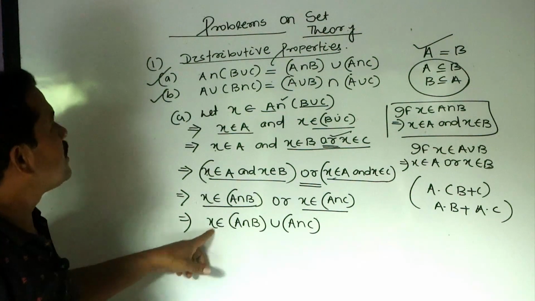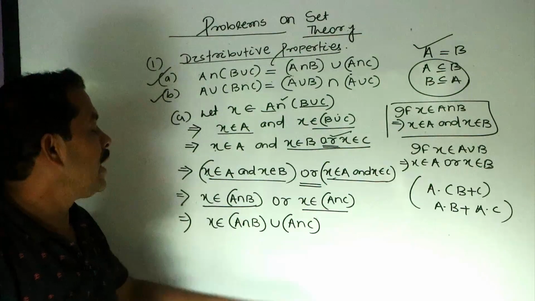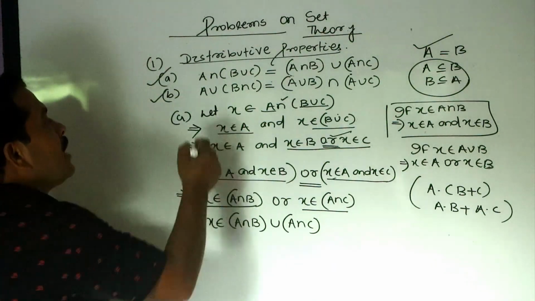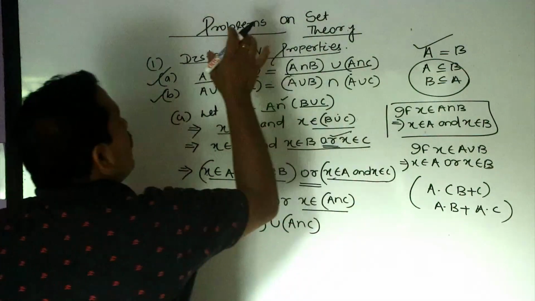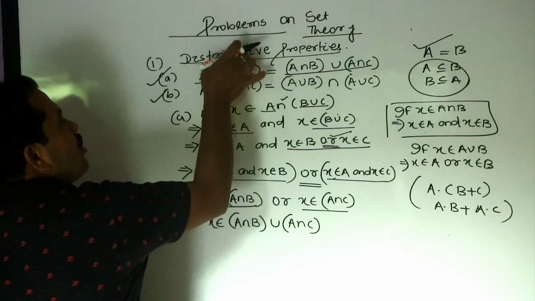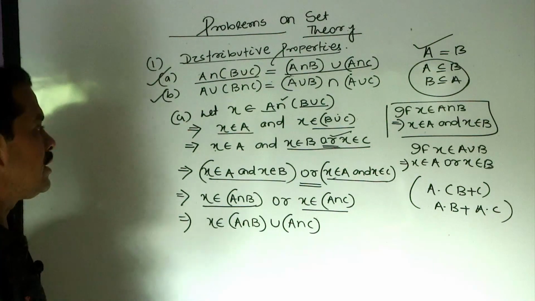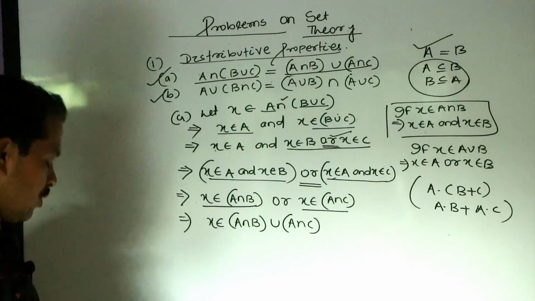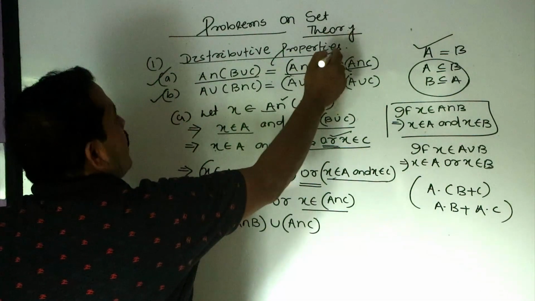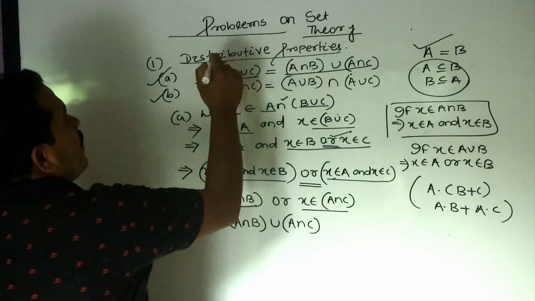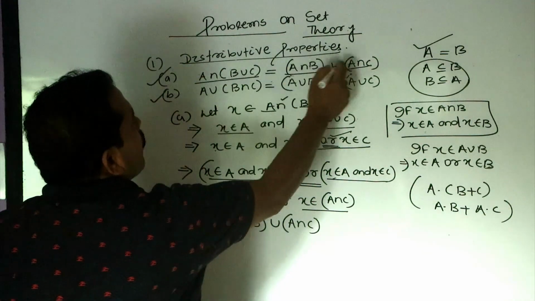Now x is an element of (A intersection B) union (A intersection C), meaning every element of this set is an element of this set. That means A intersection (B union C) is a subset of this set. That is our argument. First we prove this is a subset of this set, and this is also a subset of this set. Then we conclude that A intersection (B union C) equals this set.